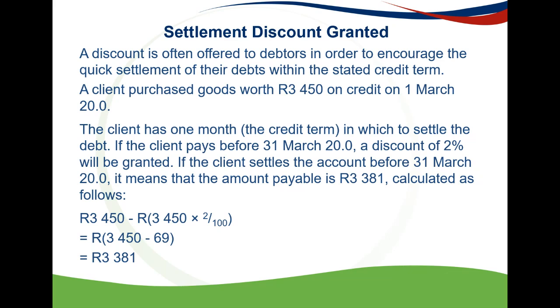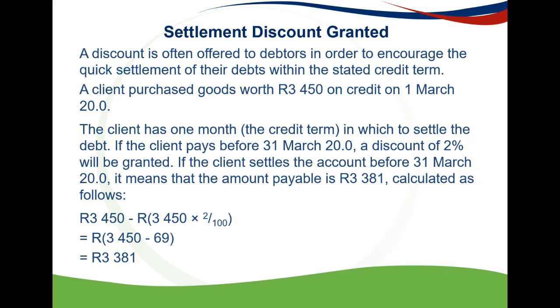And who doesn't want to pay less for something? This is almost like a carrot that you put in front of someone, because that will motivate the debtor to pay earlier, because he can get a discount.